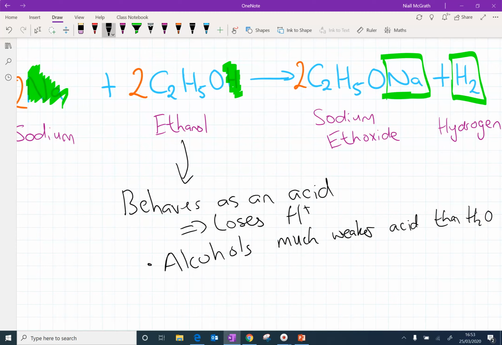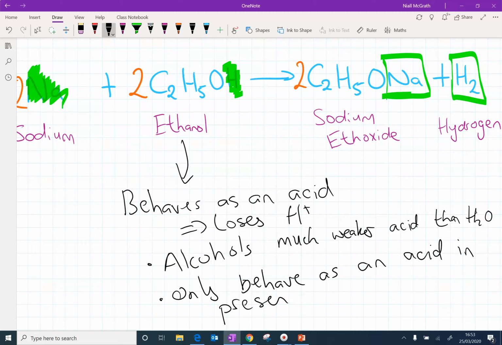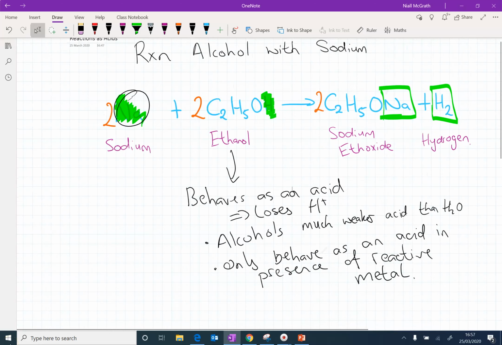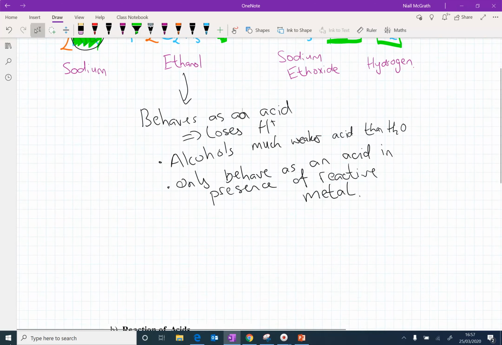So they only behave as an acid in the presence of a reactive metal. So in this case, our reactive metal is our sodium. So that is our reaction of ethanol and sodium, so an alcohol and a metal.